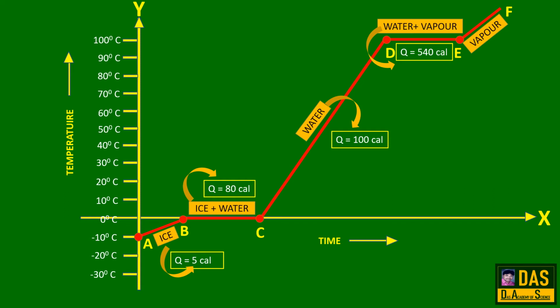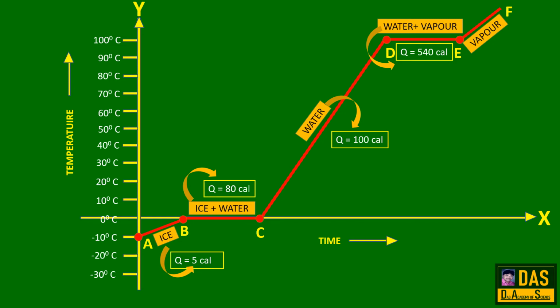That is between A and B. Similarly, between B and C, the heat energy required to convert 1 gram of ice at 0 degrees Celsius to 1 gram of water at 0 degrees Celsius is 80 calories. This is nothing but the latent heat of fusion. So between B and C, for 1 gram, 80 calories of heat energy is required.